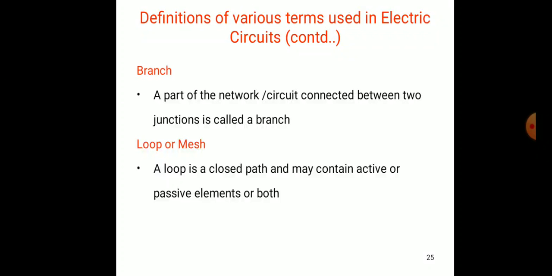What is a loop? In a circuit, a loop means whenever the current finds a closed path, that is called a loop. We can also call it a mesh. A loop is a closed path and may contain active or passive elements or both.